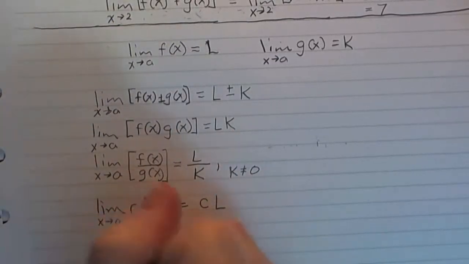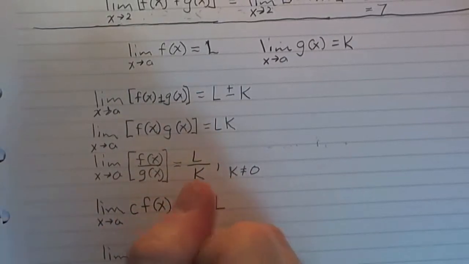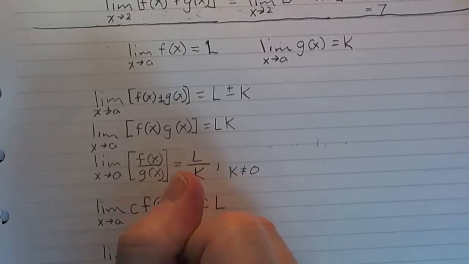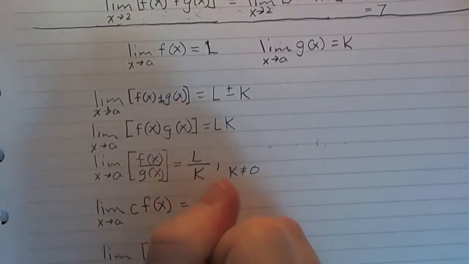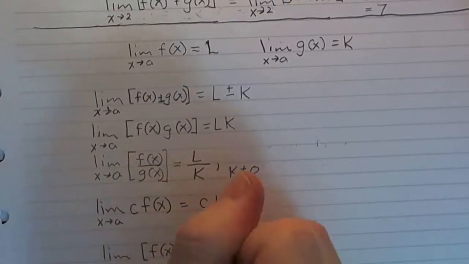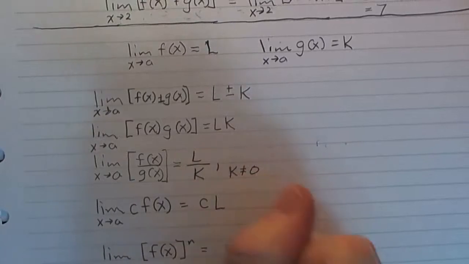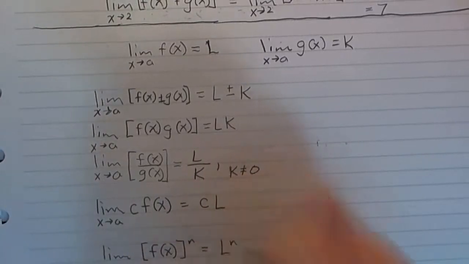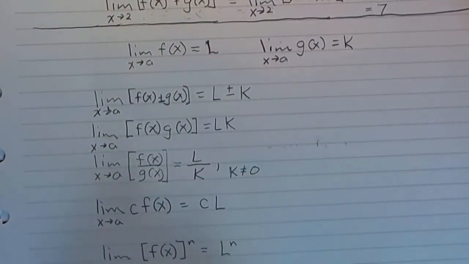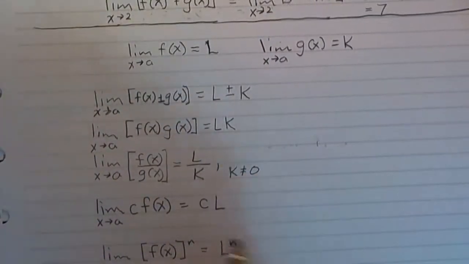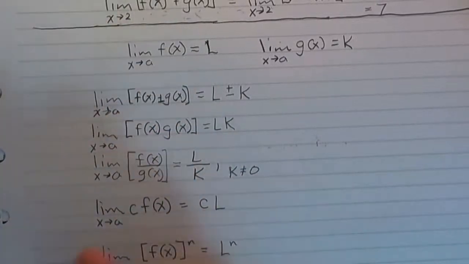We also have this, the limit as x goes to a of f of x to some power. Well, that's going to be L to that power. So these are some of the properties that we can use to deal with problems like this.